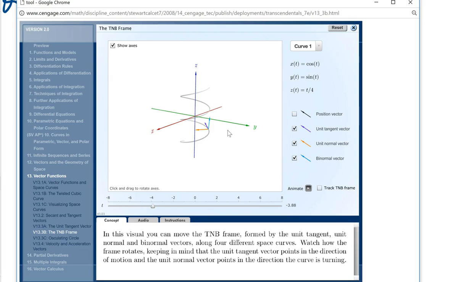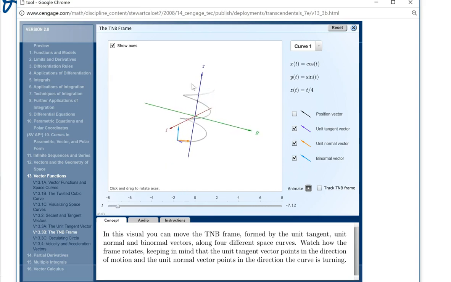It points in the direction of the curve, and the orange one is the unit normal vector that points in the direction pointing inward for a circle, and then B is the light blue one that's always perpendicular to them. So B for a circle would be the vertical axis. You can move this around. So if you look, B is always pointing straight up from the circle.